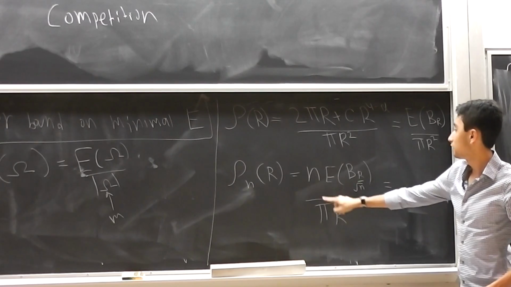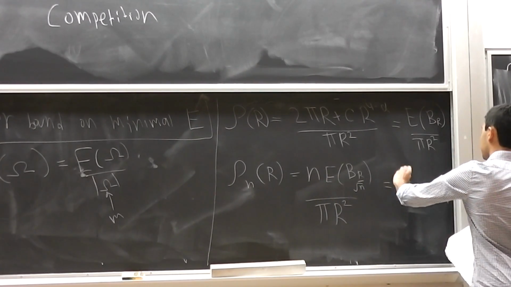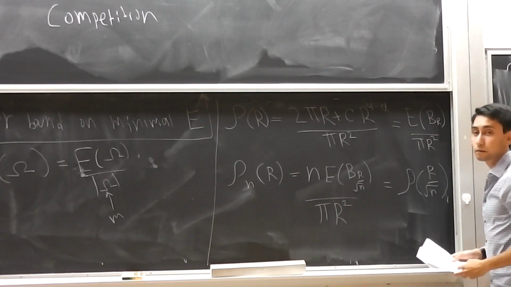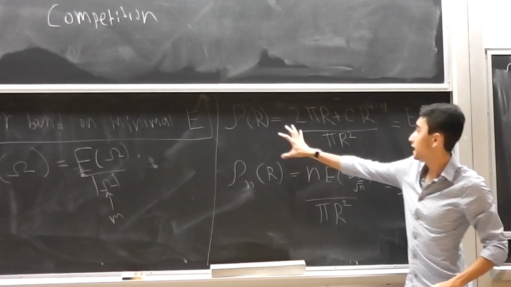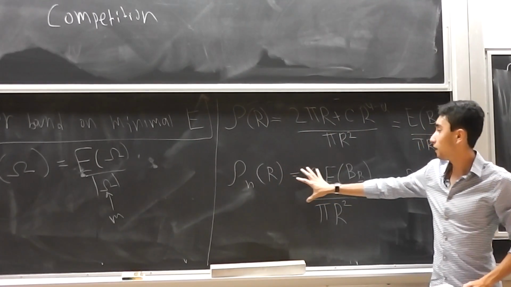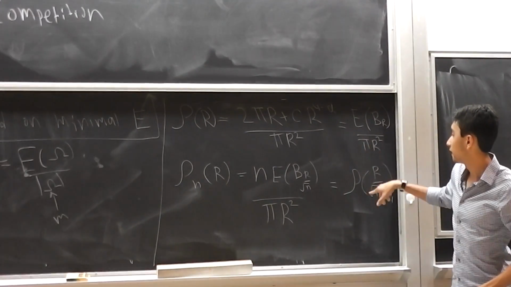So it turns out that this is actually rho. Is everyone clear on that? We have the energy density of one ball, and we have the energy density of n balls of mass m over n. And it turns out that they're related like this.